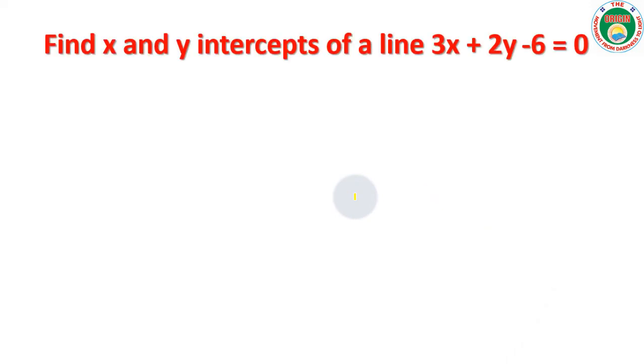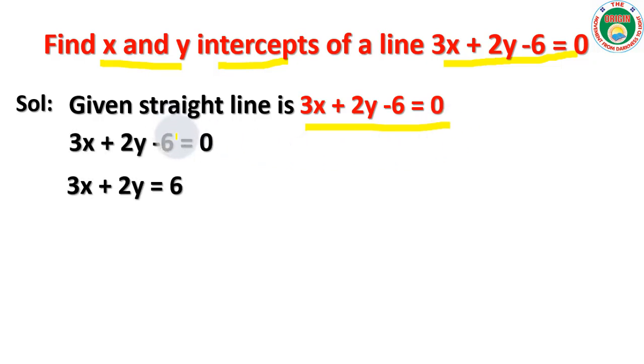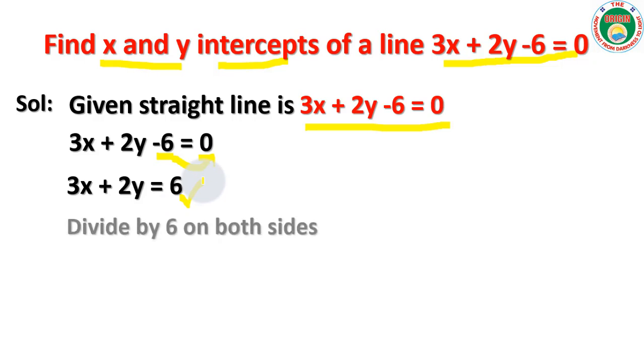Next, one example problem I have taken here. Find the x and y intercepts of the line 3x plus 2y minus 6 equal to 0. First, the given straight line is 3x plus 2y minus 6 equal to 0. I transpose the minus 6 to this side, it converts into plus 6.